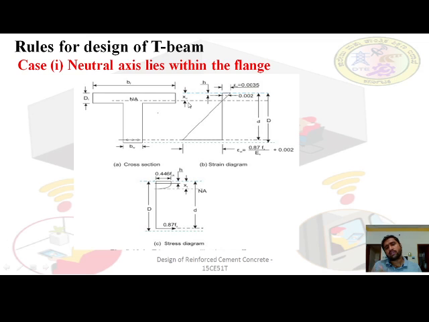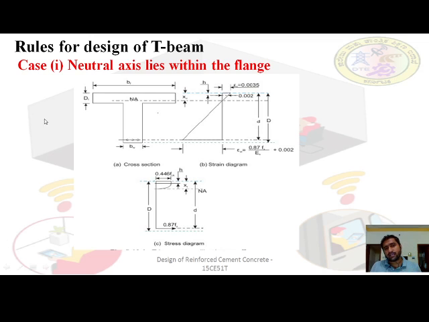When the neutral axis lies within the flange, we can say this is not a T-beam. This is a beam of width BF and depth D. Above the neutral axis, whatever concrete is there will contribute to carrying the compression force.